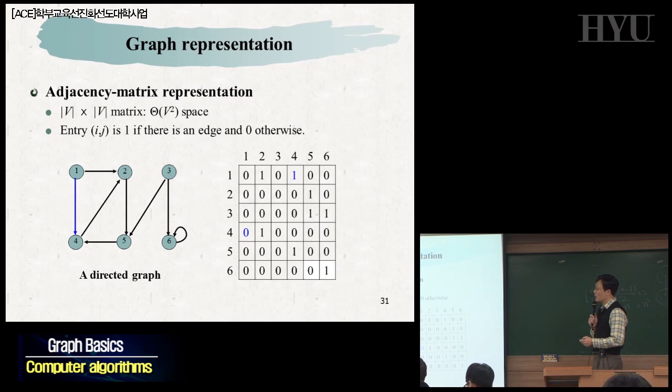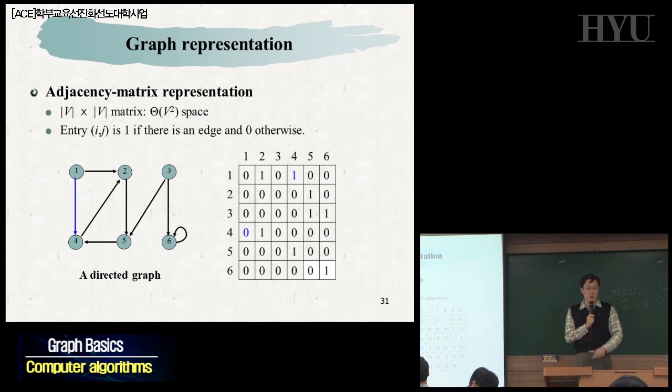It's 1 if there is an edge. Look at this. There is an edge from 1 to 4, so this entry is 1. But there is no edge from 4 to 1, so this entry is 0.